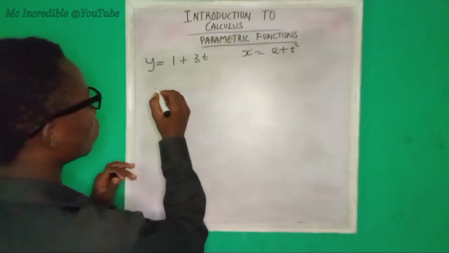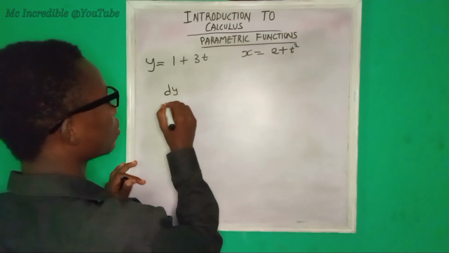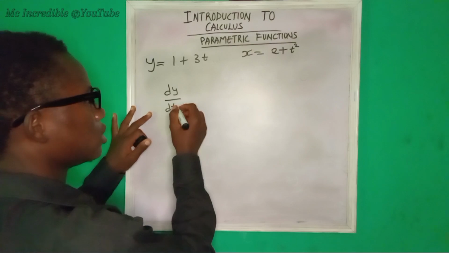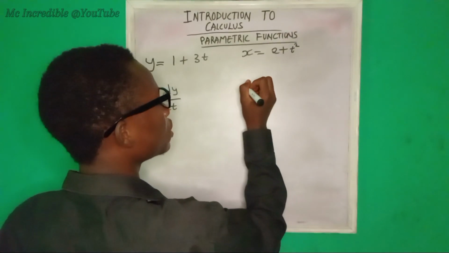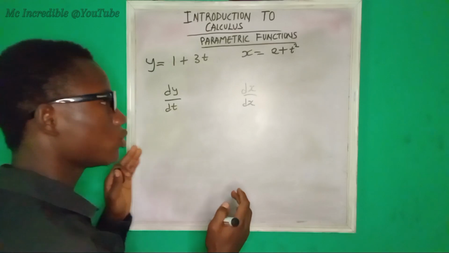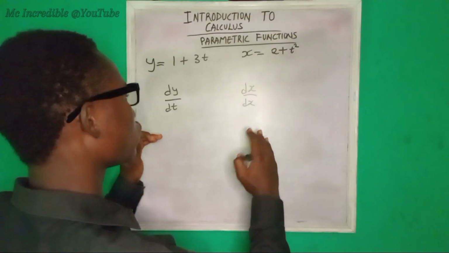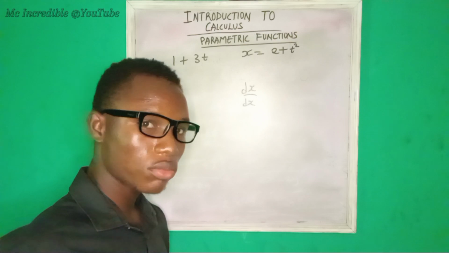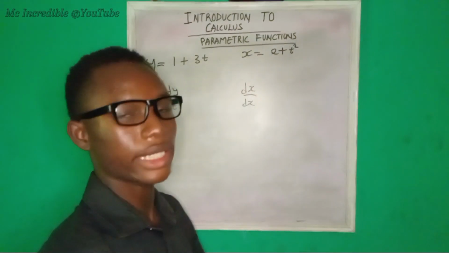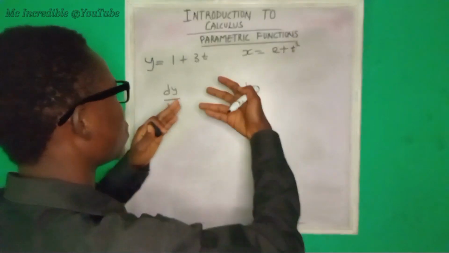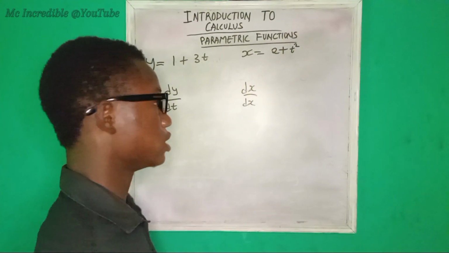For example, we get the dy/dt here, then in here we get the dx/dt. So now we look at what we can do in order to make this dy/dt and dx/dt become dy/dx, because it's dy/dx that we are looking for. We want to merge these two equations together in order to get the derivative.